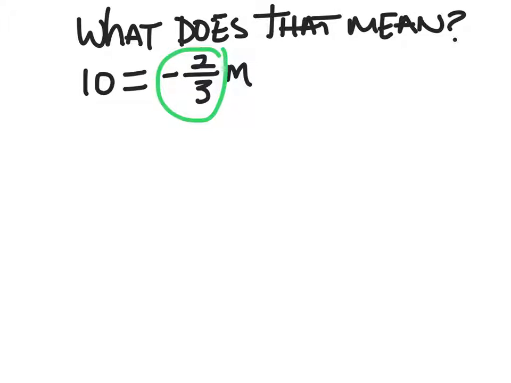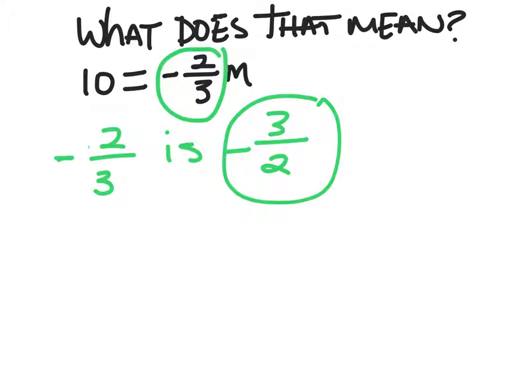The reciprocal of that, need to be careful because where we put the negative signs, is negative 3 over 2. So this is the reciprocal of this.